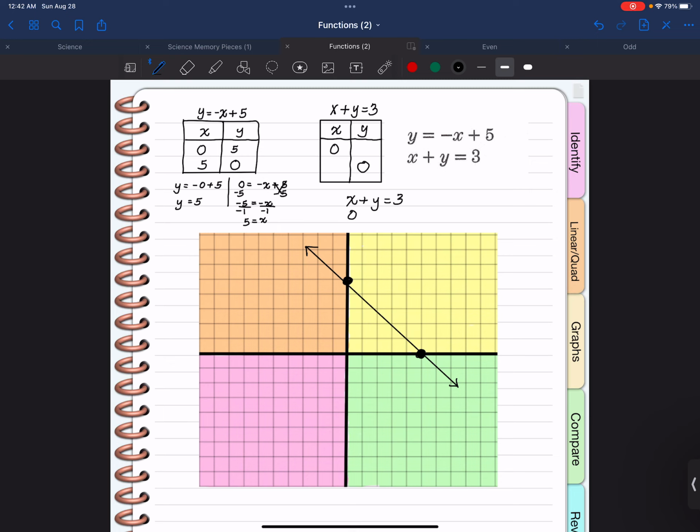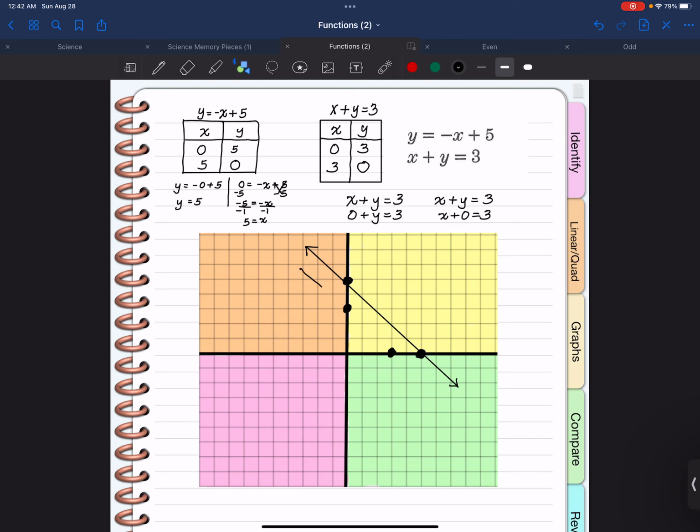And if x is 0, you can see that y is 3. And then when y is 0, x is 3. So up to 3, and then over to 3.